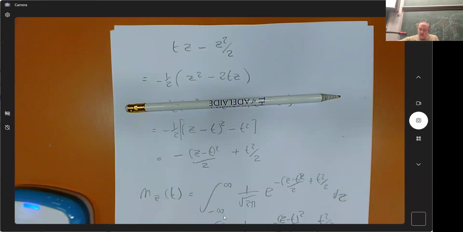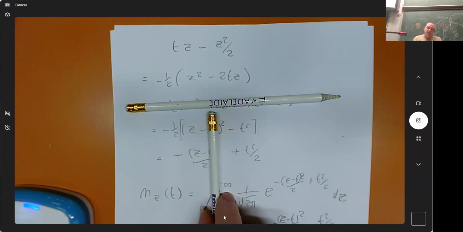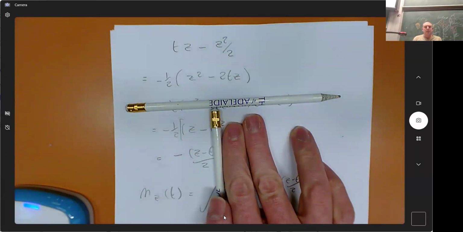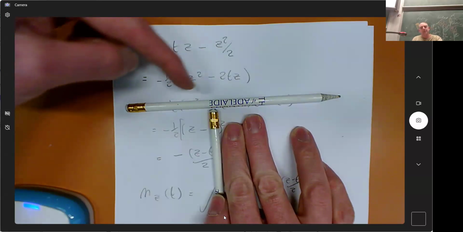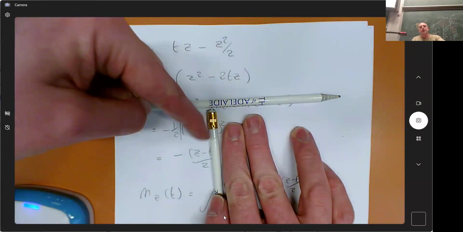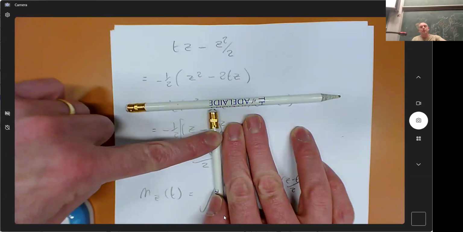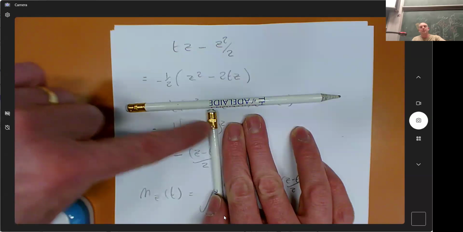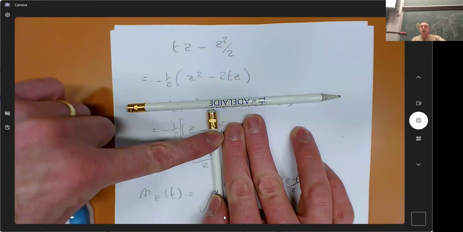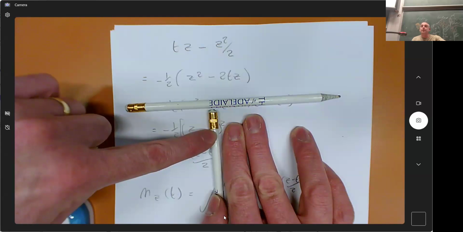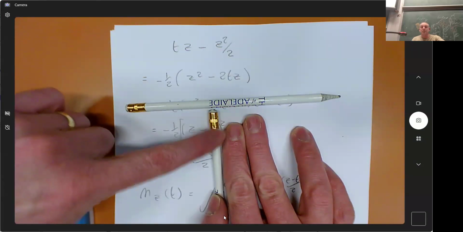So the way I did that is I imagined what I was going to do here. I'm going to have Z minus something because of this minus. And whatever this is, when I expand it out, I'm going to get Z squared minus 2 times Z times this, plus this thing squared. And so therefore, the thing in this spot must be T.